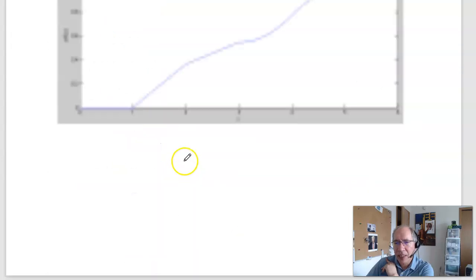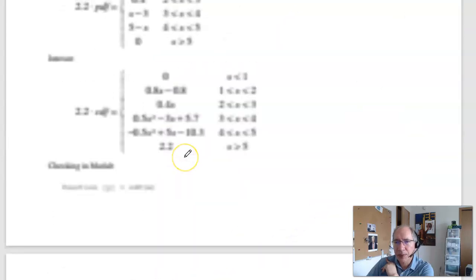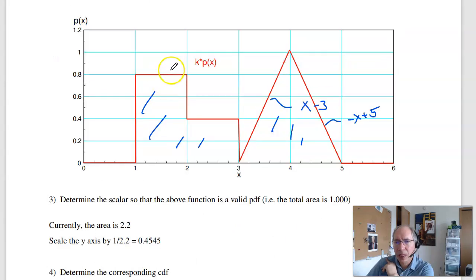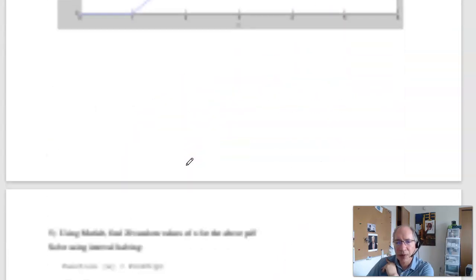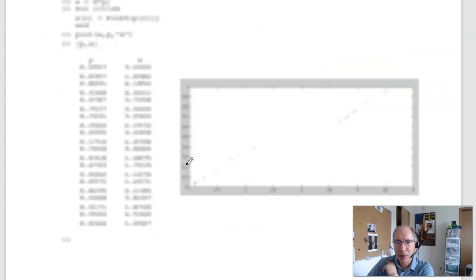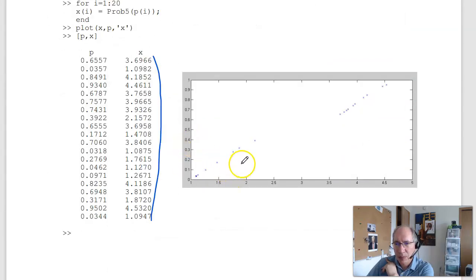And if you notice, back on the PDF, most of the time I'll have numbers between 1 and 2, or close to 4. That's where I have the highest probability. If I look at this, quite a few of the numbers are between 1 and 2, and close to 4. So that checks out.